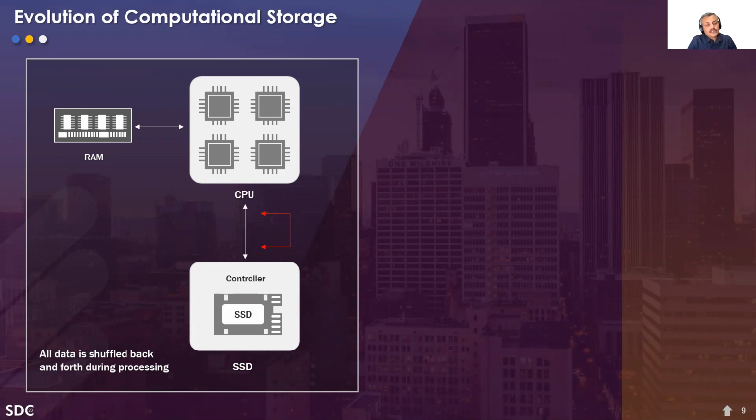If the CPU has to process data, it will fetch data from the SSD, process it, and eventually store it back. So there is a lot of data moving back and forth between the CPU and the storage.